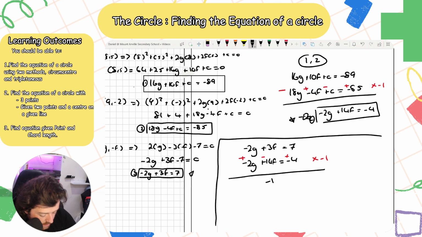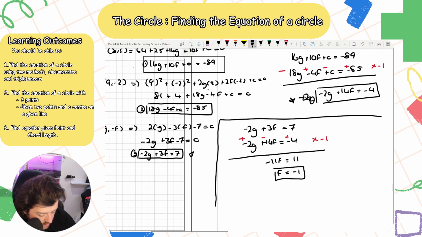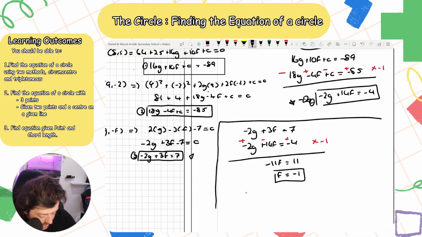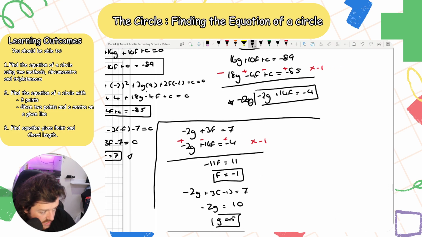That is going to be -11f is equal to positive 11. f is equal to -1. So back in here, -2g plus 3 times -1 is equal to 7. -2g is equal to 10, so g is equal to -5.